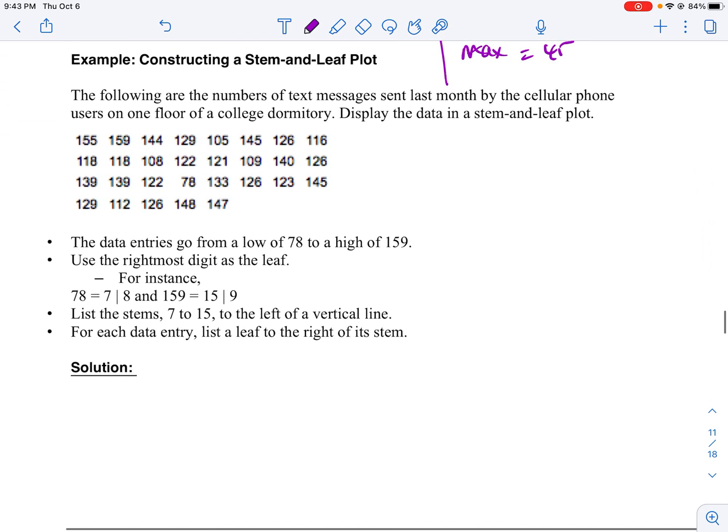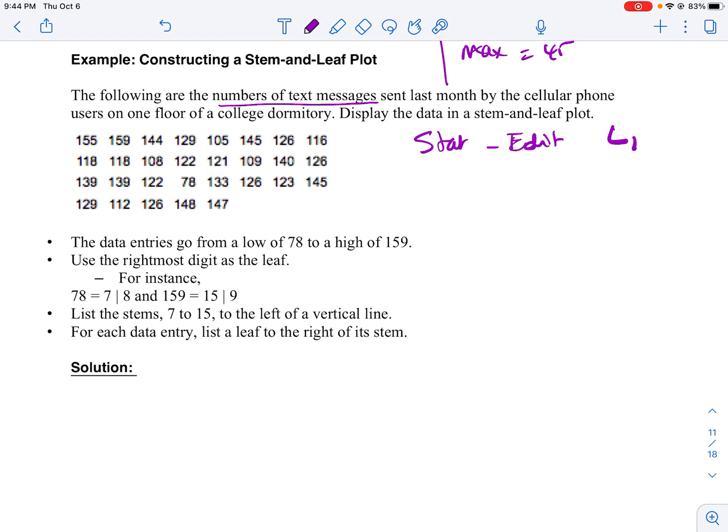It says construct a stem and leaf plot. You've been given the numbers of text messages sent last month by the cellular phone users on one floor of a college dorm. Display the data in a stem and leaf plot. The first thing you will do is do stat edit and enter that data into L1. Once you have the data in L1, then we will sort the data.